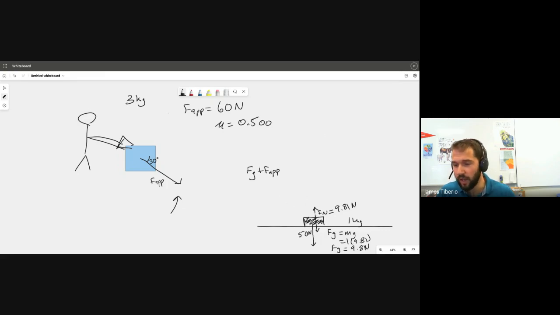My normal force is still acting up, but since the block isn't breaking through the floor, this force heading down has to equal the force up. When we add those together, we get 59.81 newtons. That must also equal your normal force. Now notice these forces are traveling in the negative direction, so that equals your negative normal force. So your positive normal force equals a positive 59.81 newtons. They have to equal the exact same force or else the box will sink through the floor.